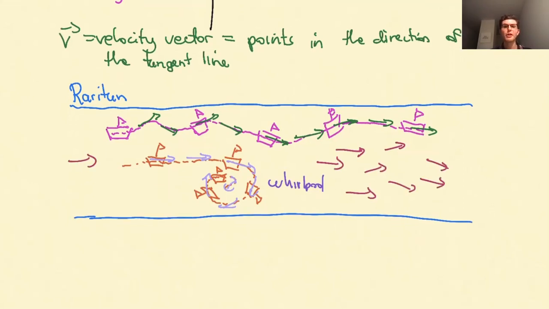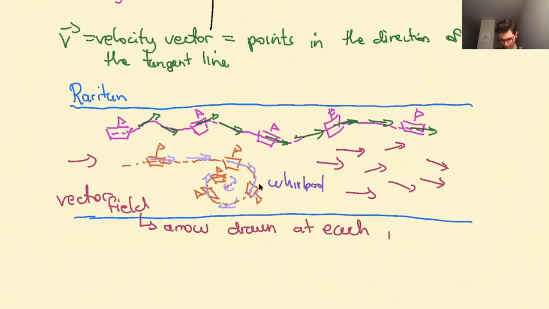And so you end up with what's called a vector field. And the idea of a vector field is just like an arrow that you drew at each point in space. So when someone tells you that there's a vector field, that's just what they mean.